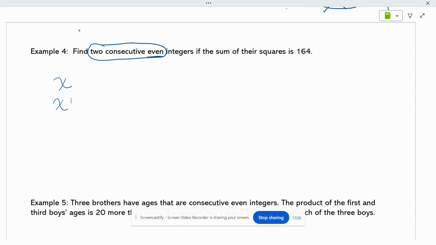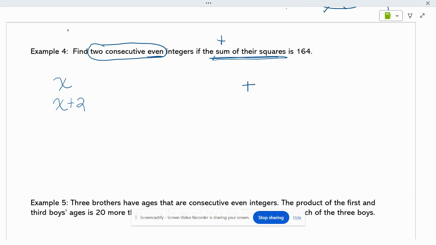Good job. Okay. So it says find 2 consecutive even integers if the sum of their squares. What does that mean? The sum of their squares. What does the word sum mean? Let's break it up. Sum means add. So we're going to add something together.